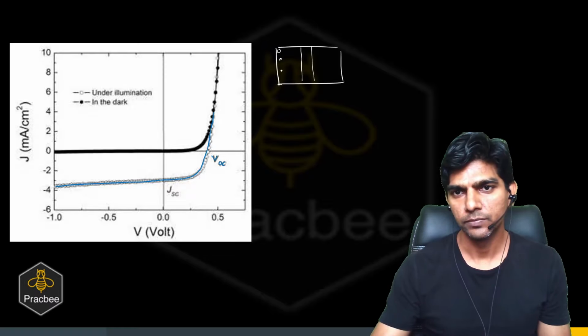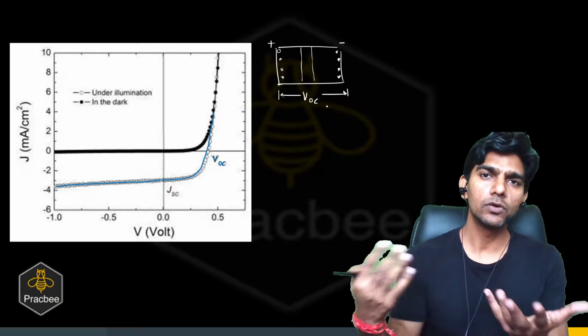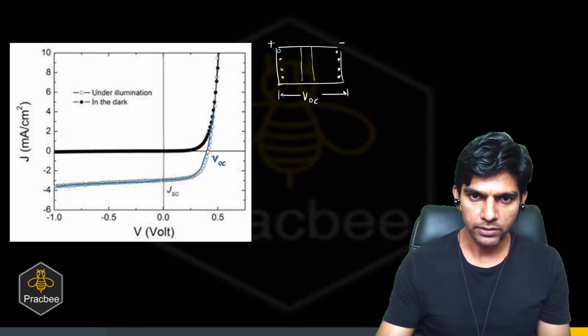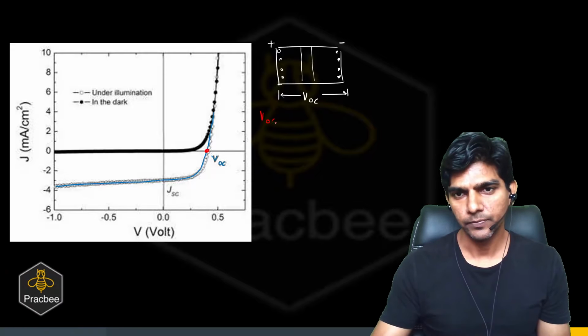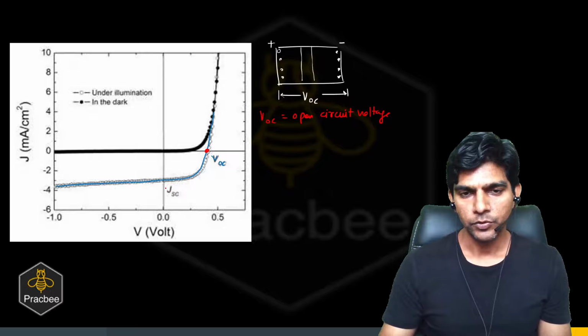Here we have holes, here we have electrons. So this is relatively positive, this is negative. Now the voltage across these two ends is VOC, right? Open circuit, because it is not connected with any external circuit. That's why it is known as open circuit voltage.